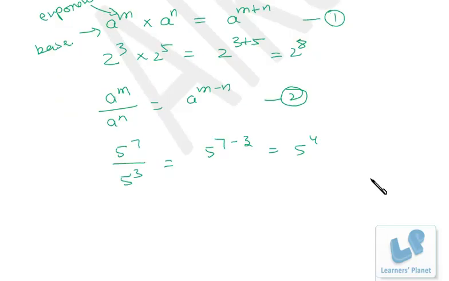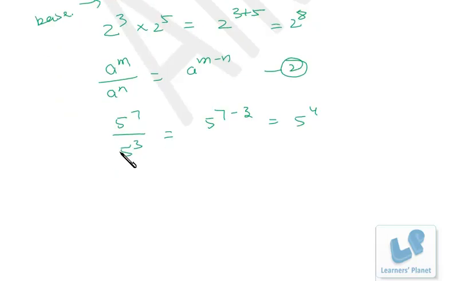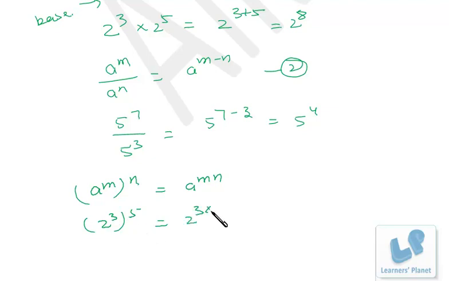Okay? Then we have a raised to m whole raised to n will be a raised to m into n. So suppose this is 2 cube raised to 5, that means 2 raised to 3 into 5, that means 2 raised to 15.